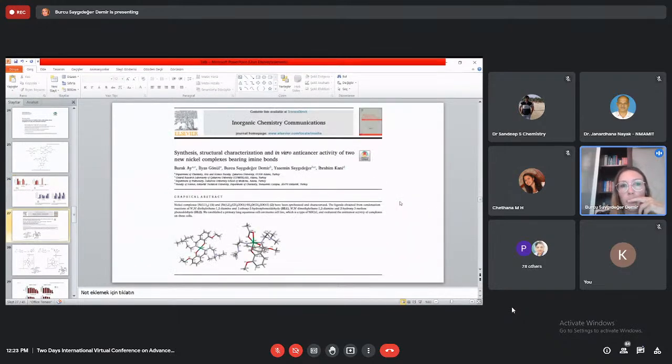The other study. In this study, published in 2020, two different Schiff base nickel complexes were synthesized and their anti-cancer activity was examined, in collaboration with Iran.